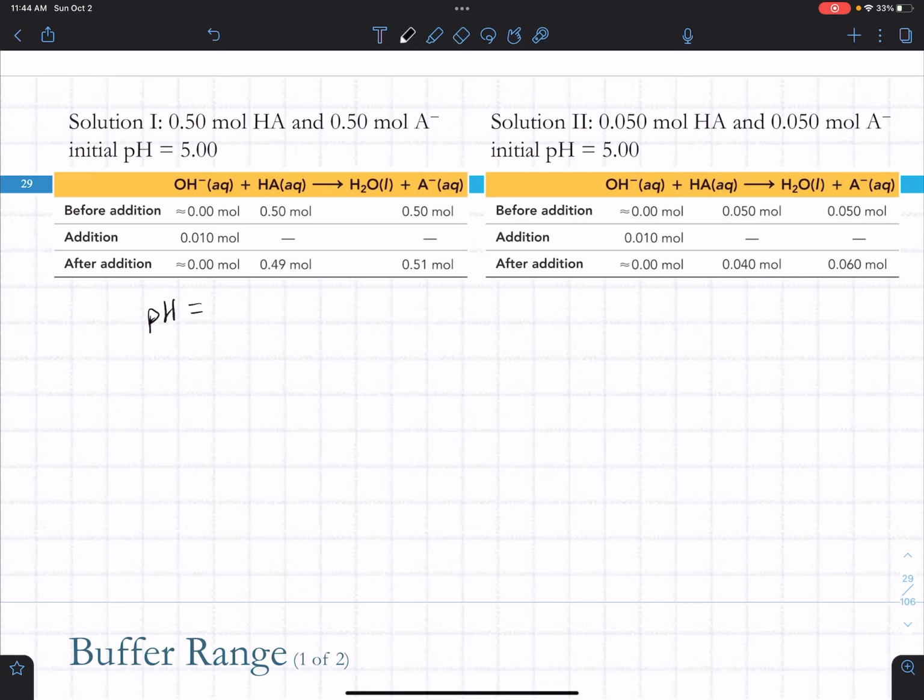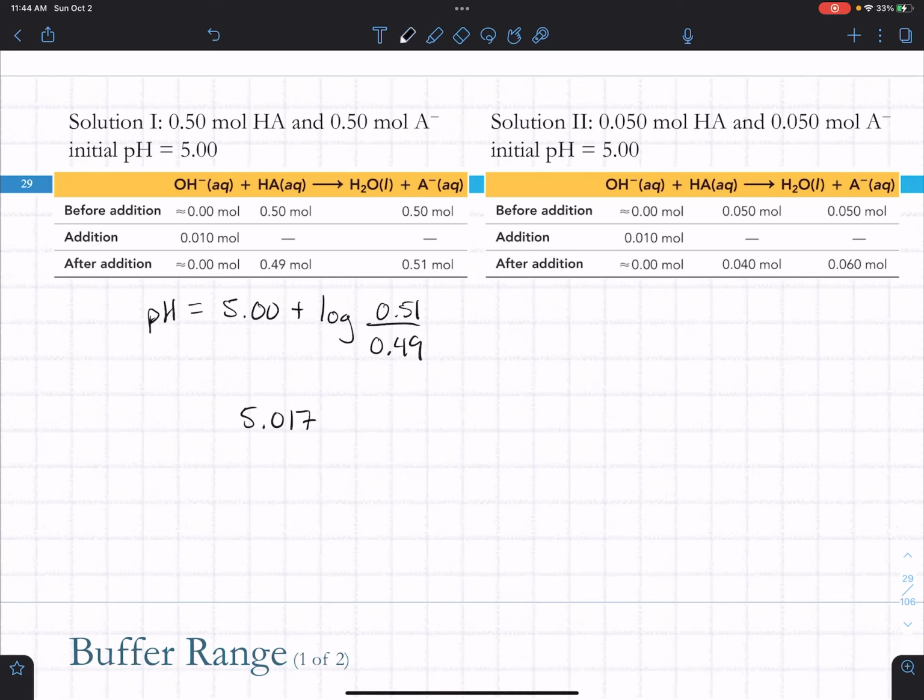So this is going to be pH equals pKa plus the log. This is going to be 0.51 over 0.49. So 5 plus the log of 0.51 divided by 0.49. That's going to give us 5.017.